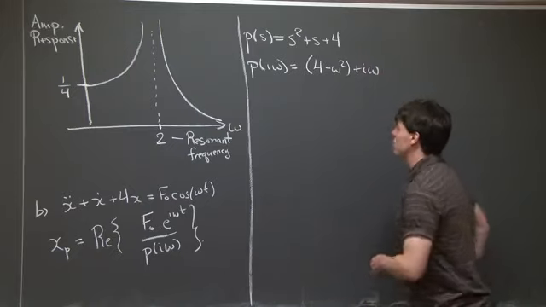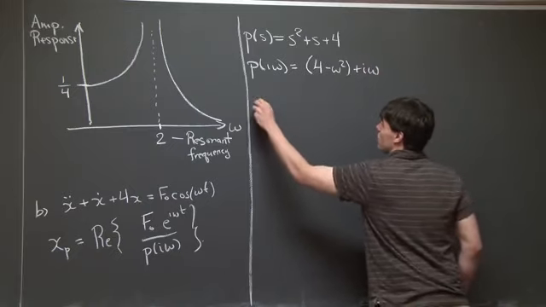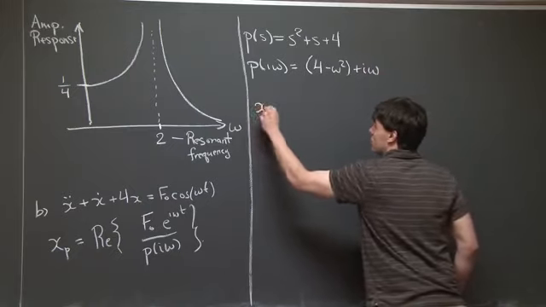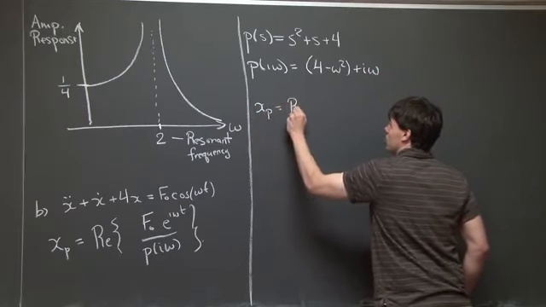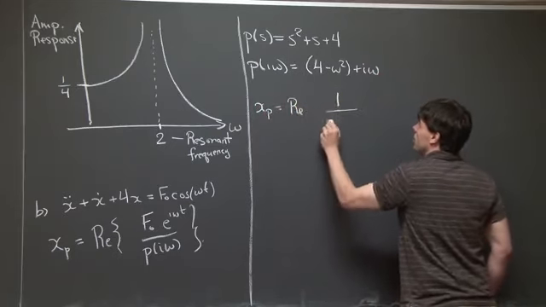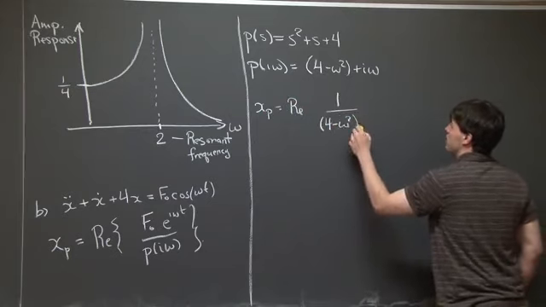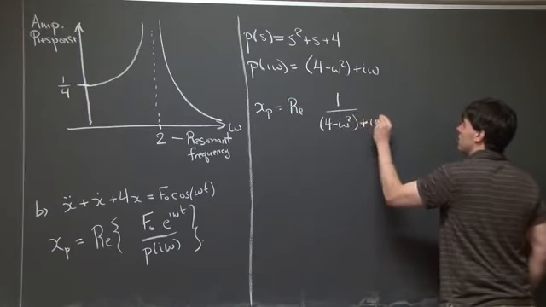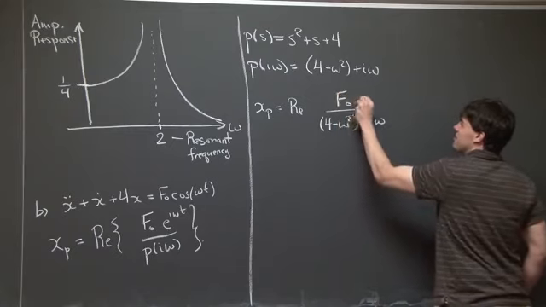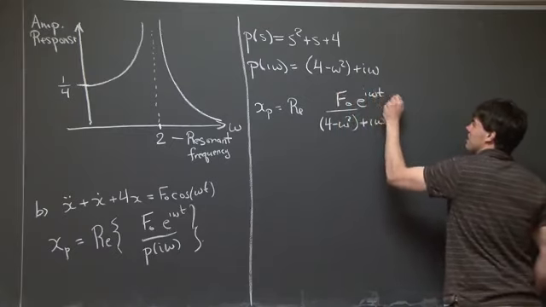And when we put the pieces together, we end up with a particular solution which looks like the real part of 1 over 4 minus omega squared plus i omega, times f naught upstairs, e to the i omega t.